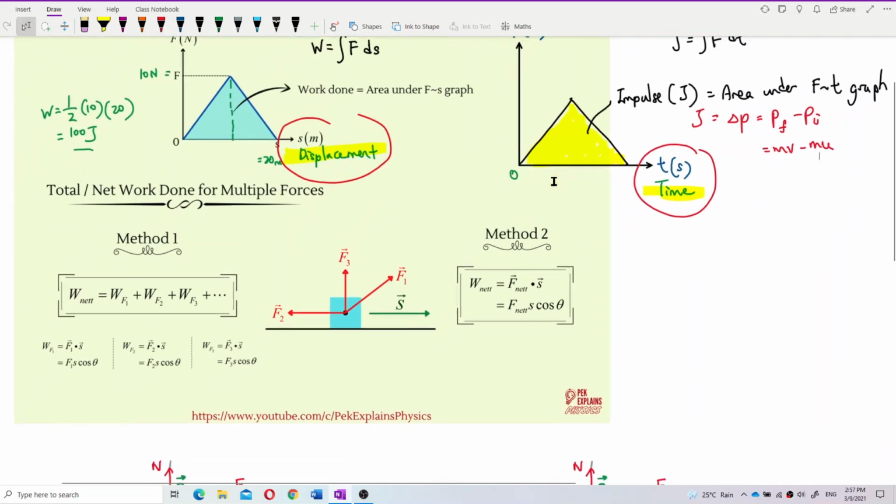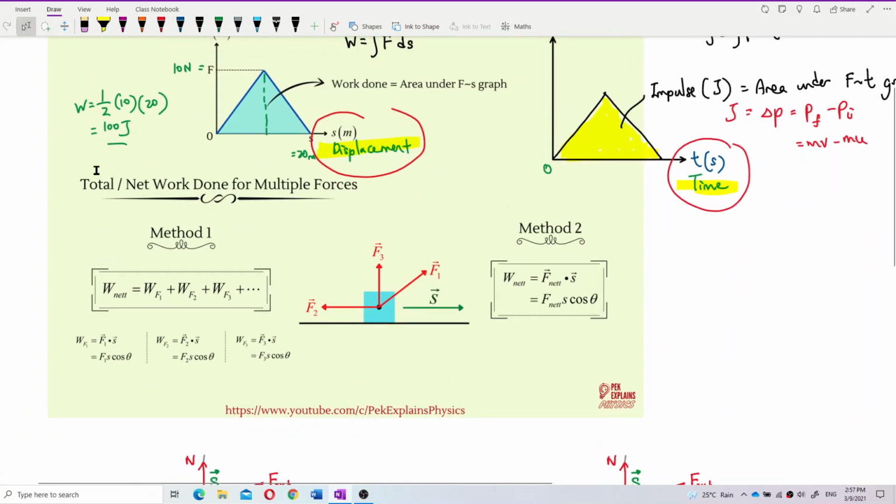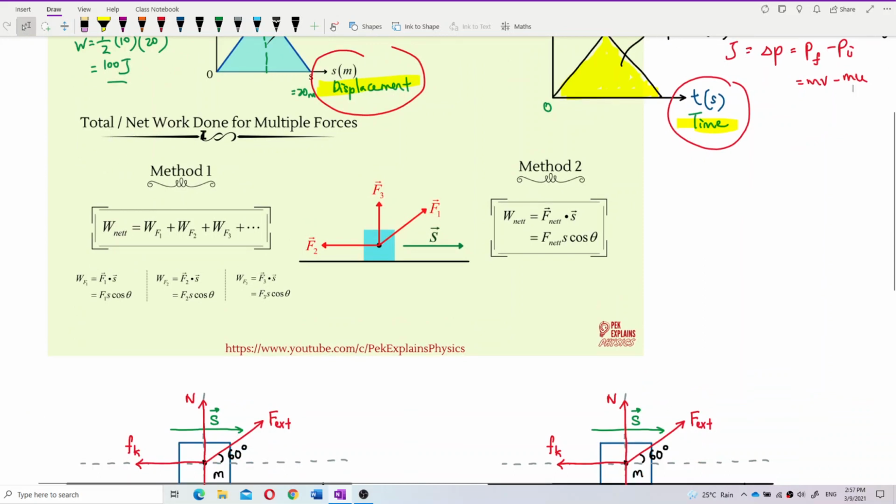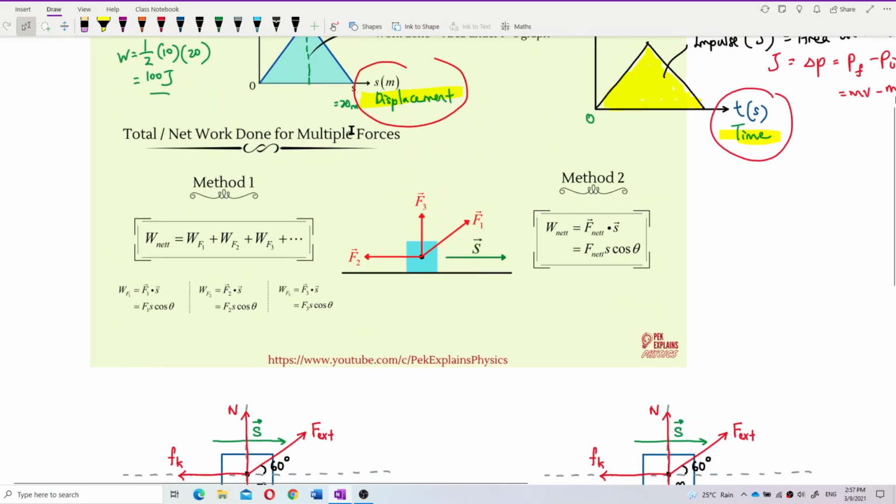Now let's look at the total work done, or net work done, for multiple forces. Net work done or total work done is the sigma work done. We sometimes write it as total work done, or we also write it as net work done, N-E-T-T, net.